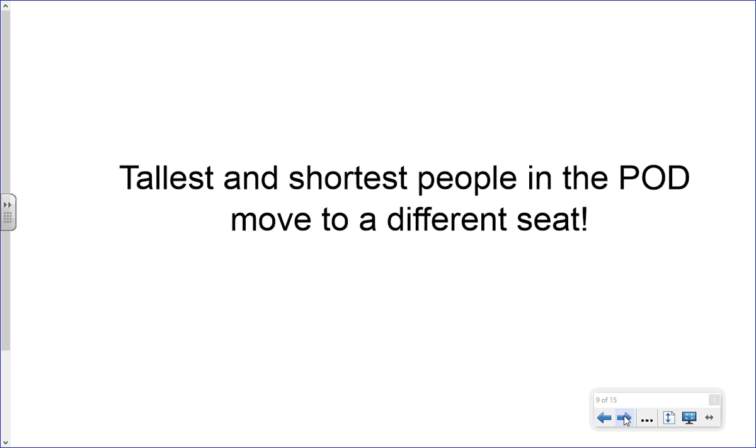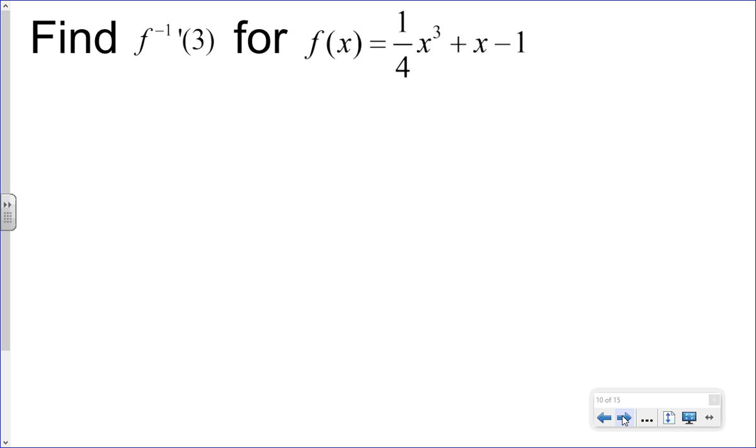It doesn't matter. I just want somebody to. Okay? Alright. So find a new seat, tallest and shortest pod members. Take your notebook. When you get to your new seat, now you have a little bit of energy, go ahead and write down this example.